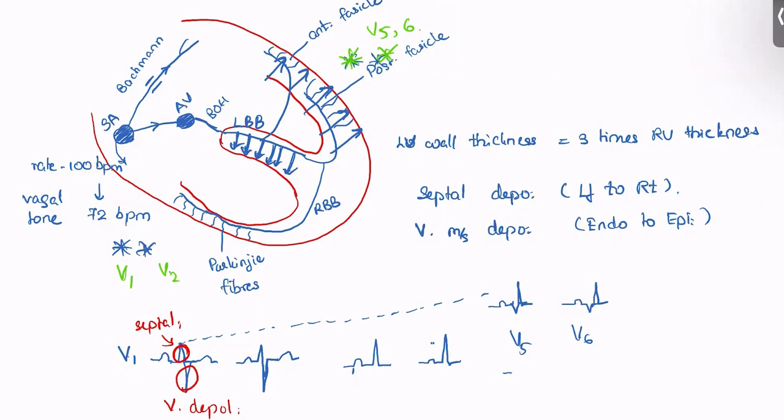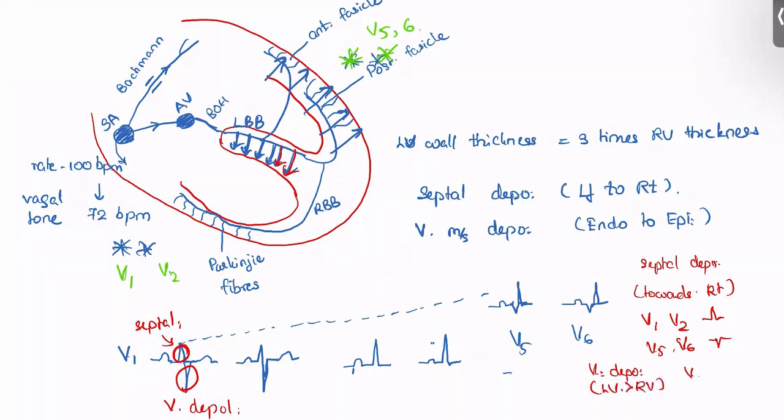So during septal depolarization it is towards the right: V1 and V2 positive, V5 and V6 negative deflection. For ventricular depolarization, the LV mass is larger, so V1 and V2 show negative deflection and V5 and V6 positive deflection.